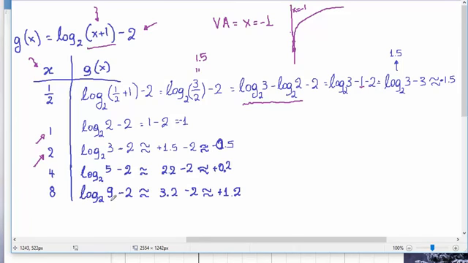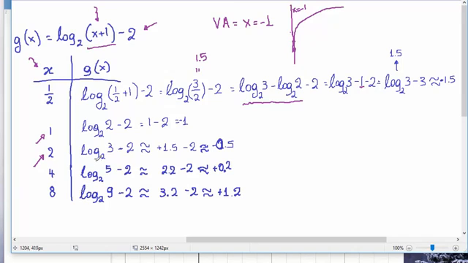And this creates an issue for us, because none of those numbers right here is a perfect power of 2. How do we approximate those numbers? That's the issue. How do we know what the logarithm of 3 with base 2 is?